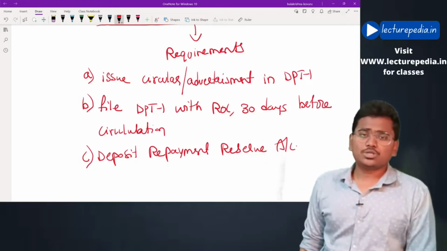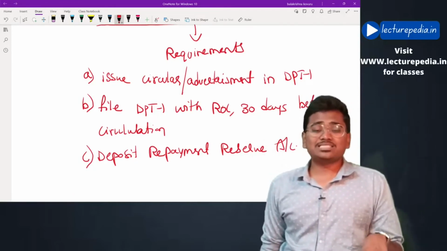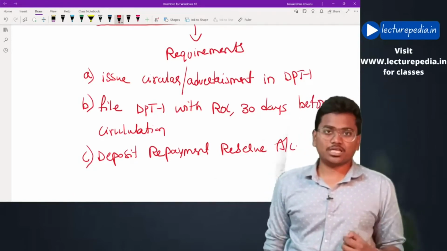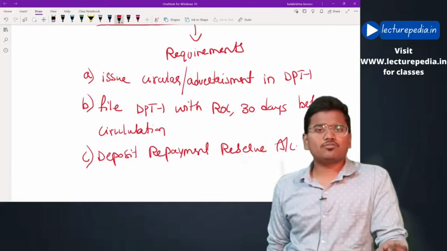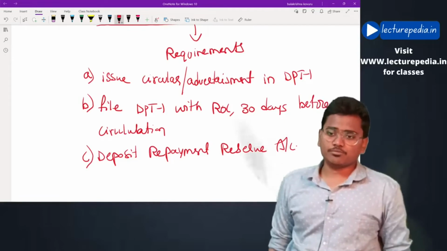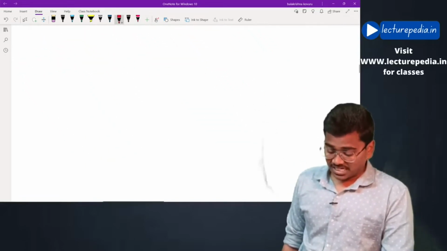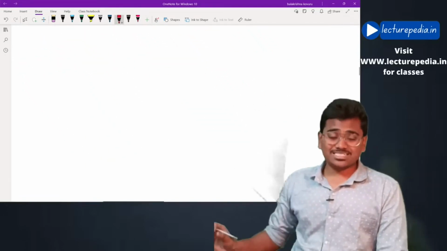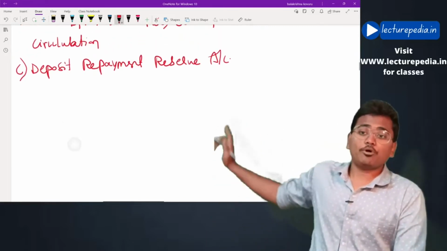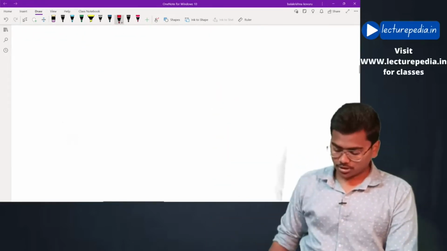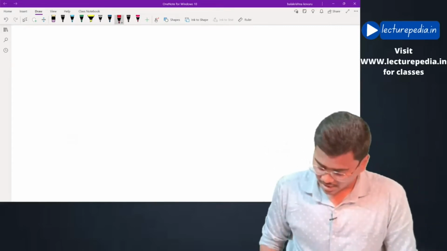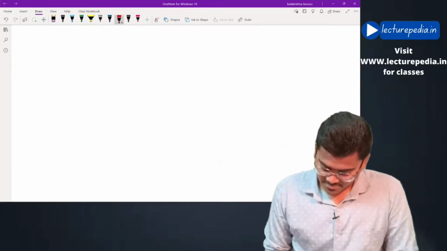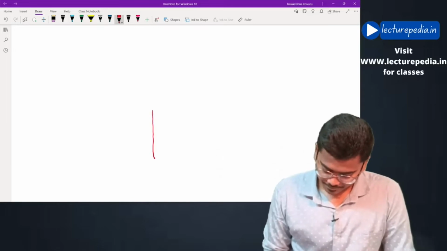Generally you should have heard of debenture redemption reserve. Even this deposit repayment reserve is similar to debenture redemption reserve. Now the company has to deposit a certain amount in this deposit repayment reserve account. How much amount has to be deposited? Let's see. Let's say this is the timeline.